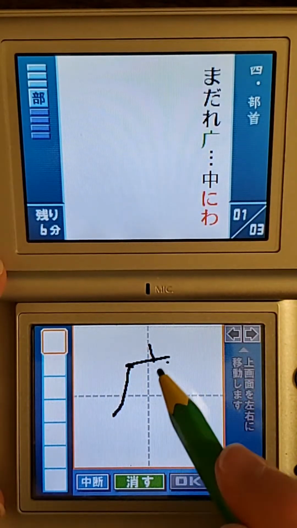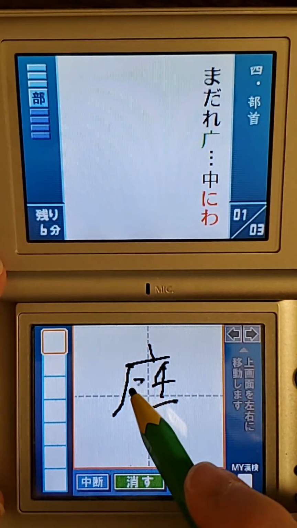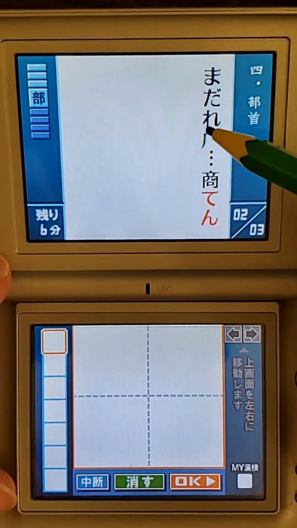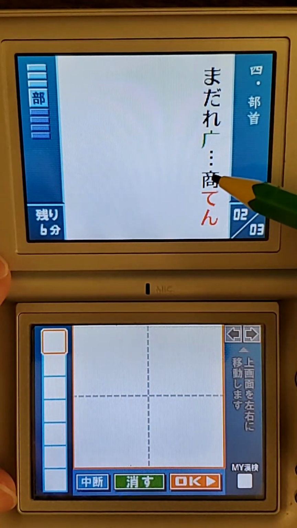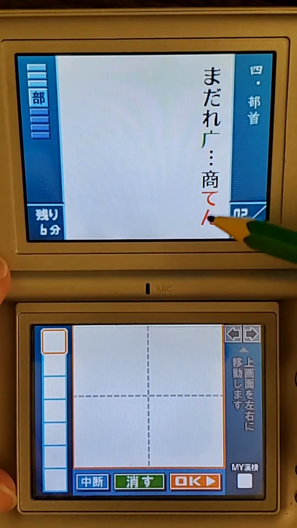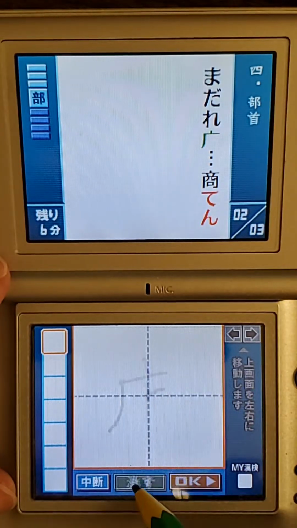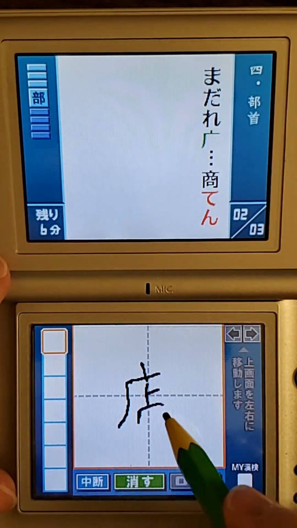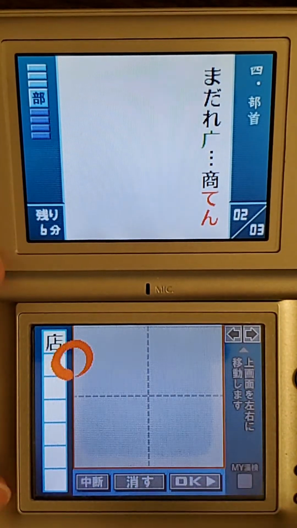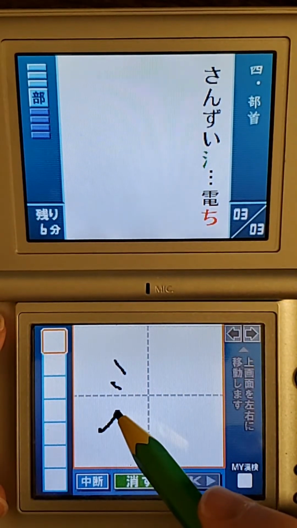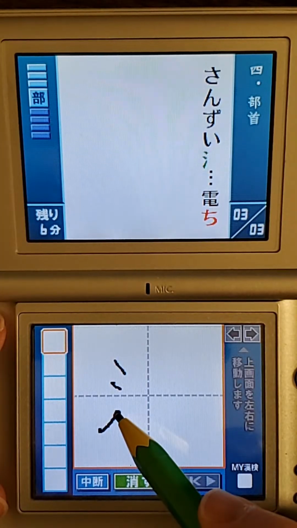Why did I really do that again? I keep putting a box down there. That's what it is. Okay, so again, madare and shoten. Sanzui, so we put this, it's the water radical, and then denchi.